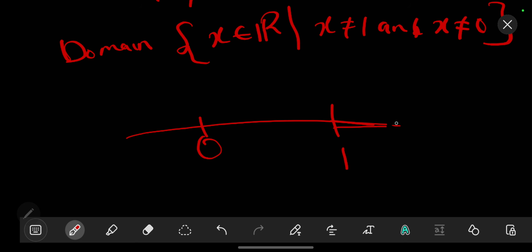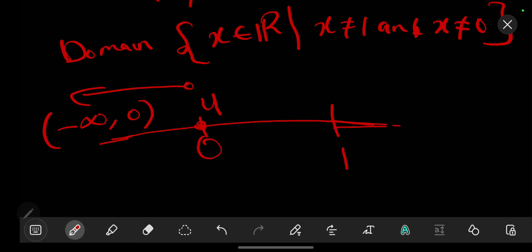So to write the interval notation, write the regions which can be accepted. All the values on this side are acceptable. So we can go as far as negative infinity, comma, 0 is not allowed, so we write 0 with an open circle like that. We combine it with a union with all the values from 0 to 1, which are acceptable.